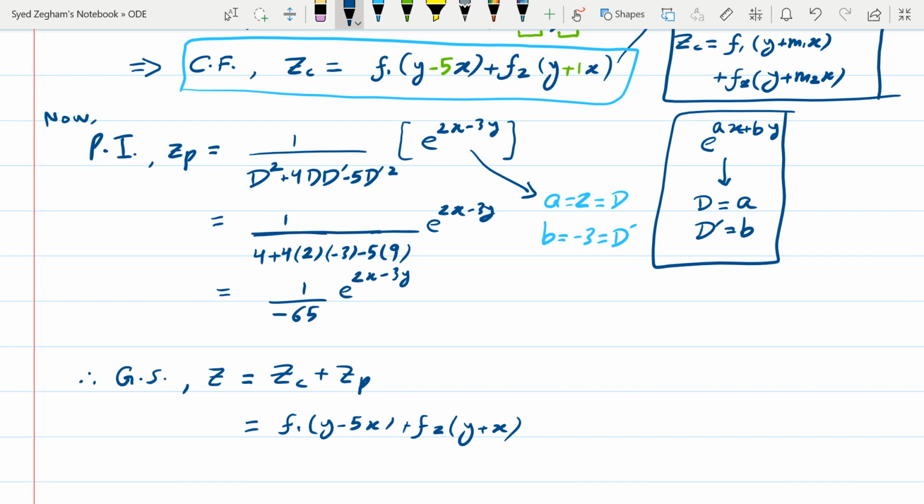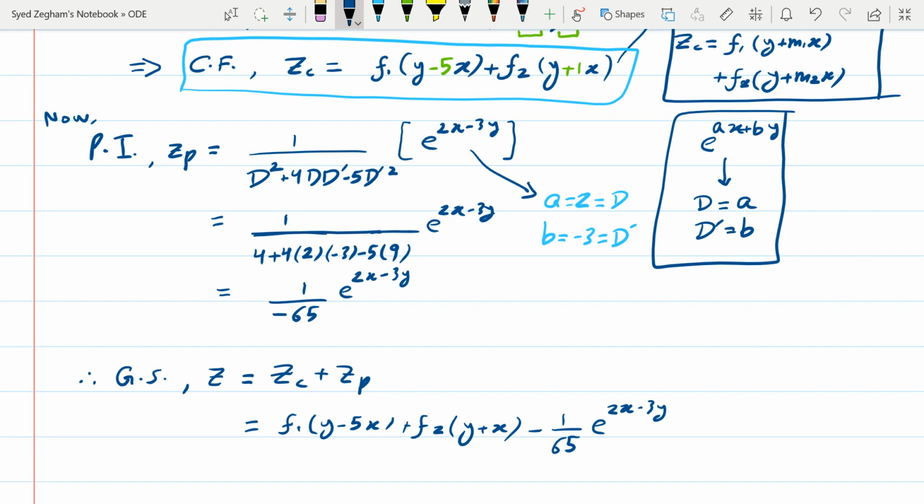This is our zc, plus zp, which you have evaluated just now, that is minus 1 over 65 e to the power 2x minus 3y. So this is your general solution, or you can also call it the complete solution.